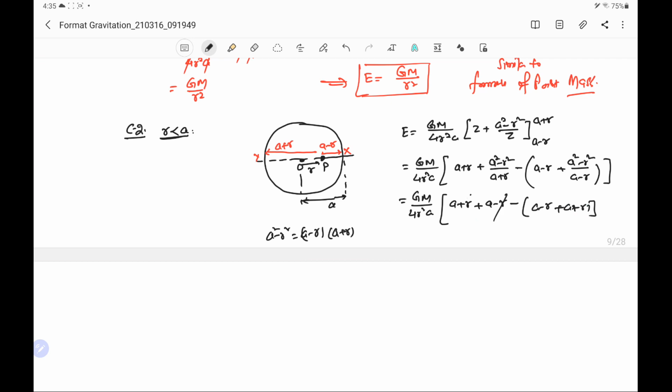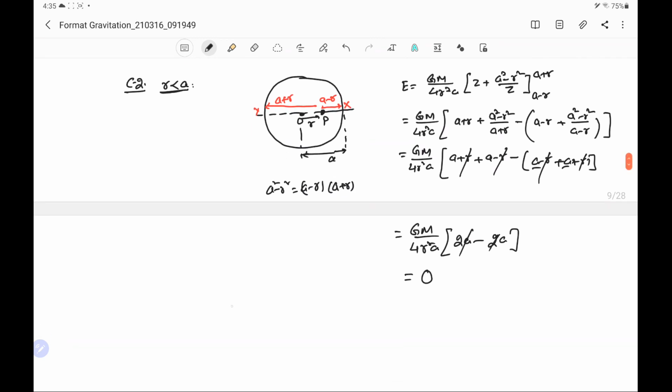Terms will be cancelled out, here r will be cancelled. So it is equal to GM by 4r square a, plus a that is 2a, minus here again a plus a that is 2a, and it is 0 because this is cancelled out. So we can say the gravitational field inside the spherical shell is 0.